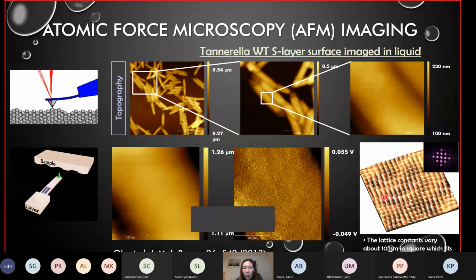And the angle is also pretty comparable to the TEM measurement. So you can see AFM really shows very high resolution in living organisms in the physiological condition.